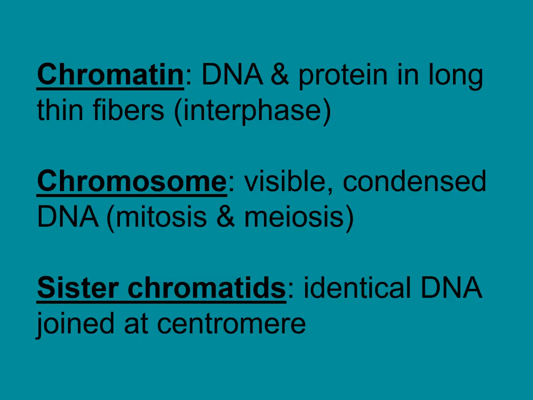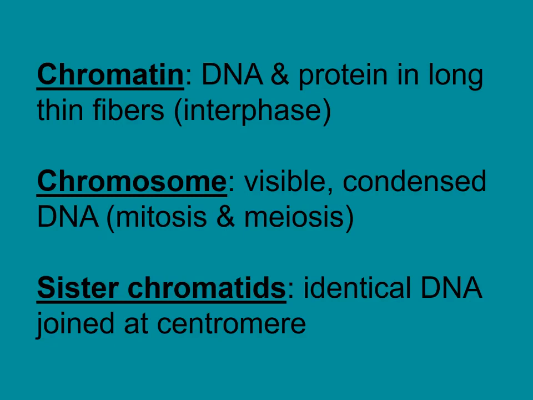Chromosome is still DNA, but this is where now it tightly condenses, even more so than before. And under a light microscope, you can actually see it. You technically see the chromosome form during the mitotic phase, when a cell goes through the actual cell division and nuclear division of mitosis and meiosis.